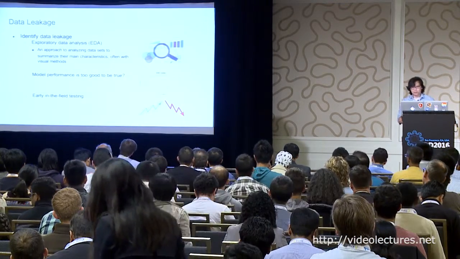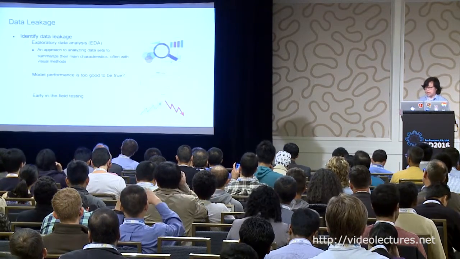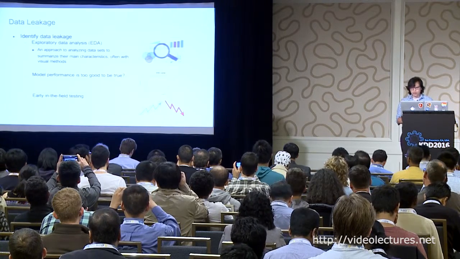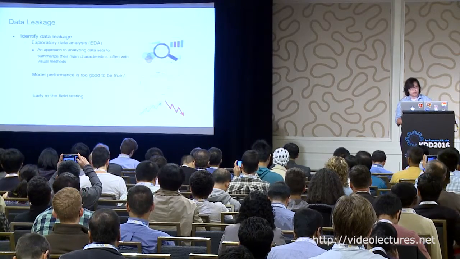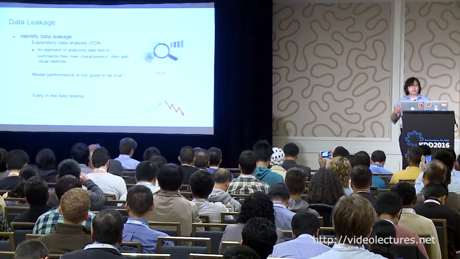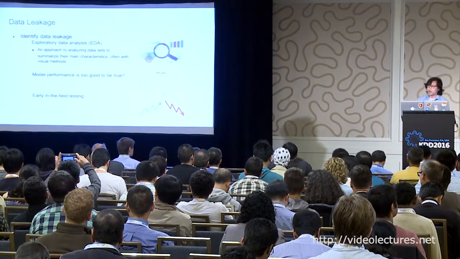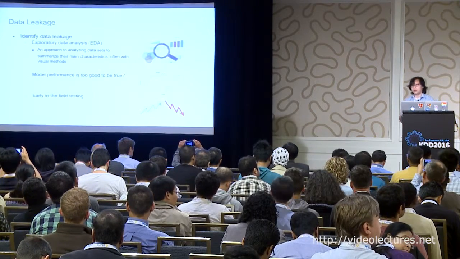The paper also mentioned some strategies to identify this feature information leakage. One way is EDA, called exploratory data analysis. It's pretty much the idea of using analytics software or a visualization tool to help you understand the distribution or correlation of the data.